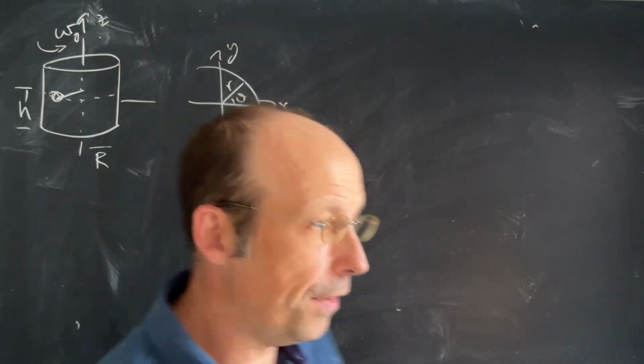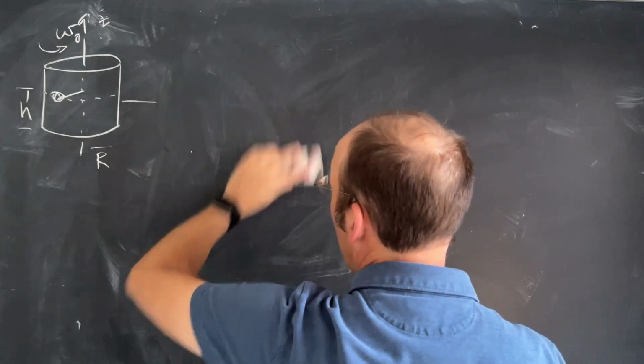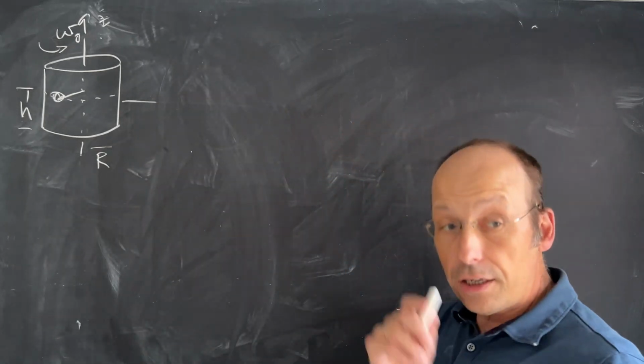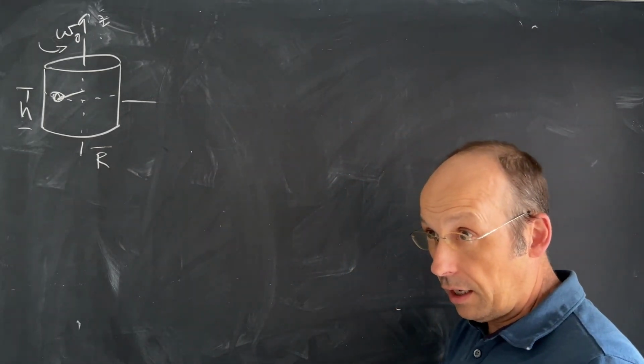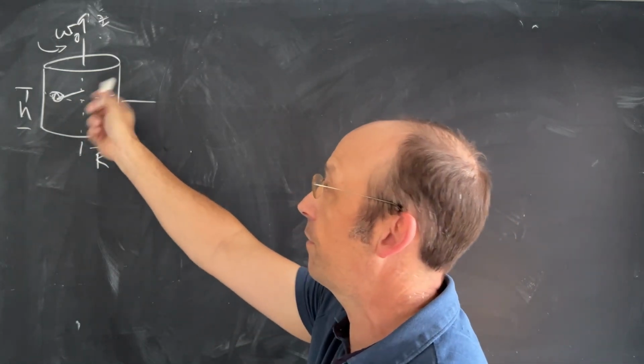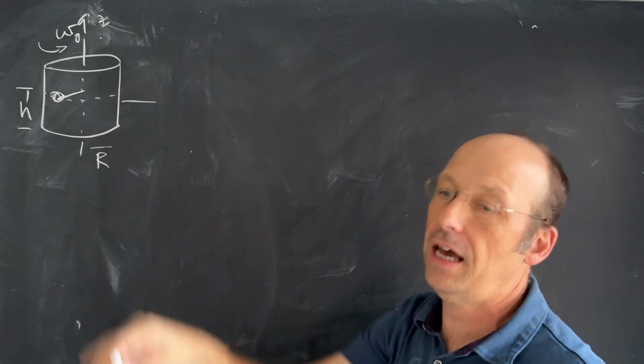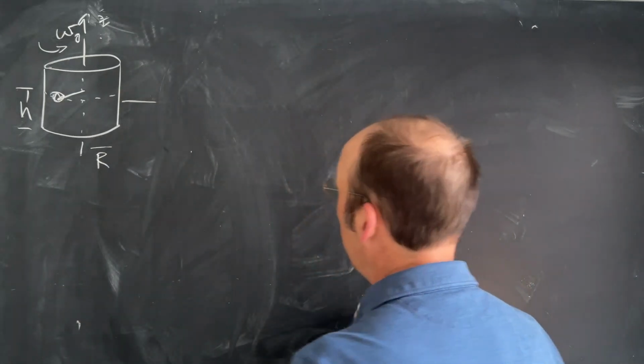So the number one thing, I want to write out the acceleration in cylindrical coordinates. Remember, the problem is that we have these time derivatives of the unit vectors in the r hat direction and theta hat direction that make it very difficult, but not impossible.